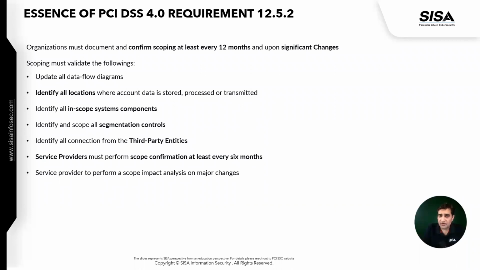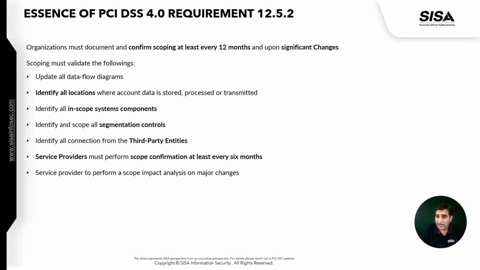To make sure that you are doing the right level of scoping, there is requirement number 12.5.2 in the framework, and every organization needs to confirm their scoping in a formal manner every 12 months.